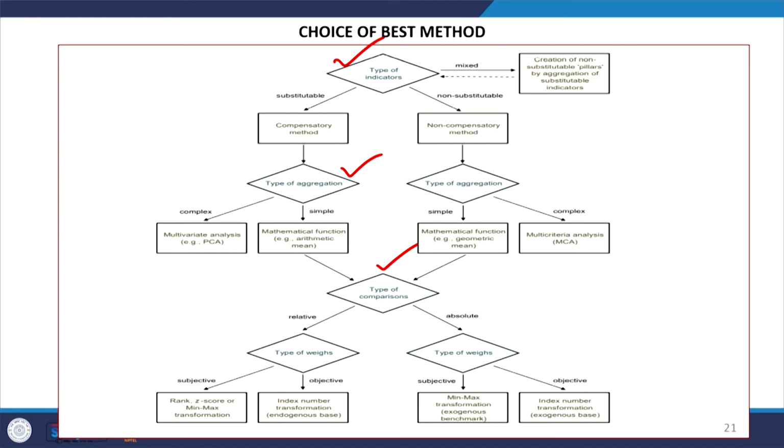In the case of relative comparison, the subjective weighting methods are rank, Z-score, min-max transformation. Similarly, in the absolute one, min-max transformation is also used. Then in the case of the objective one, index number transformation or endogenous base methods are also used, but in the case of the absolute one, index number, but an exogenously determined weight can be given.